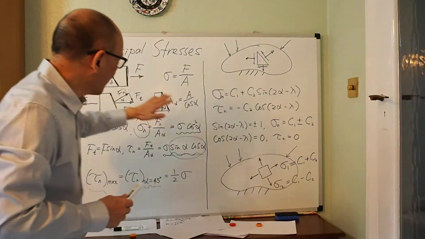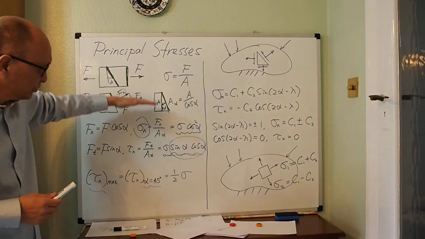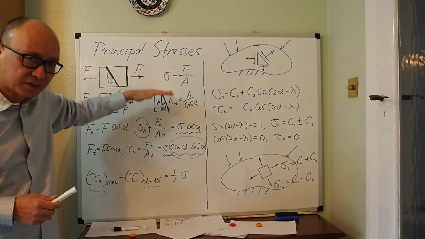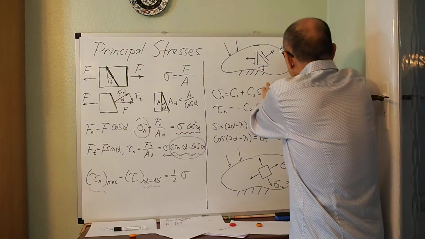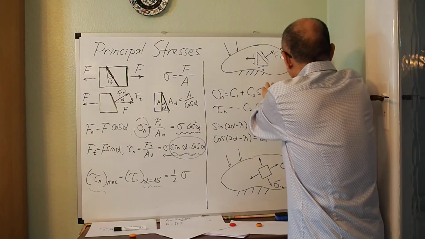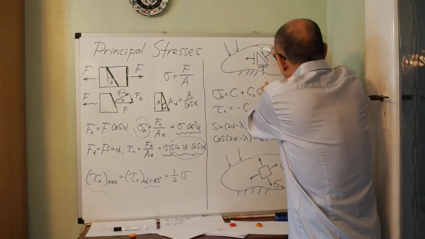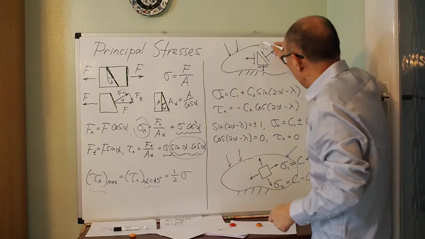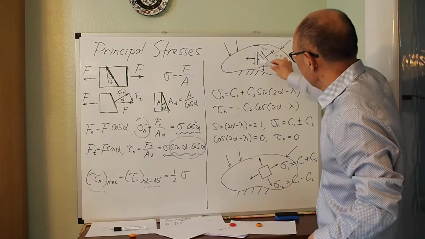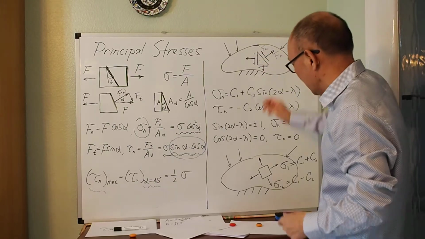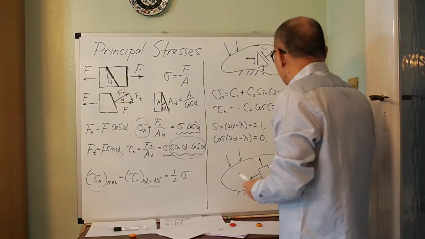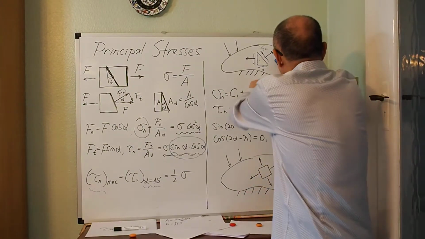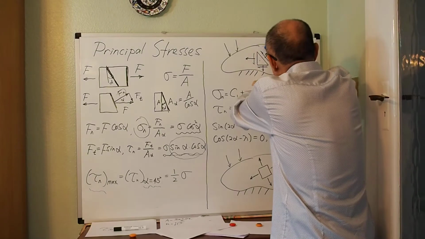Then you follow the same process, exactly what we did, the same logic. You can find this force here, call that Fn, and that Ft. You can find those two forces, and then you divide by an area, and it takes a long time, and then you find these two stresses.